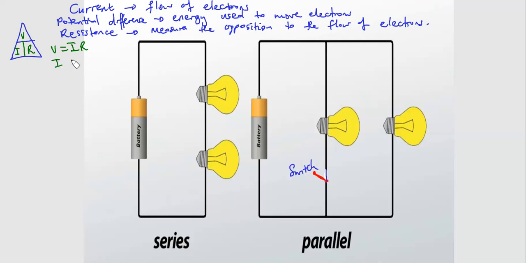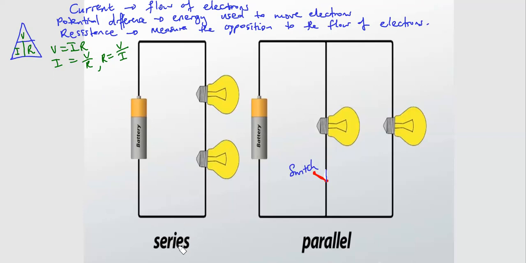If you want current, it's going to be V over R, and if you want resistance, you say V over I.